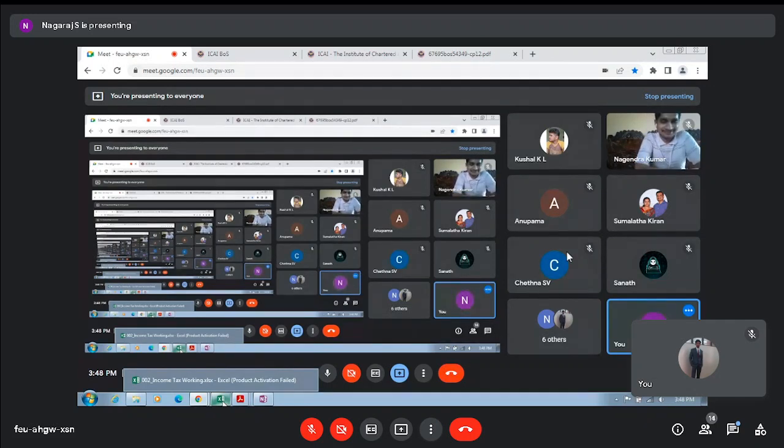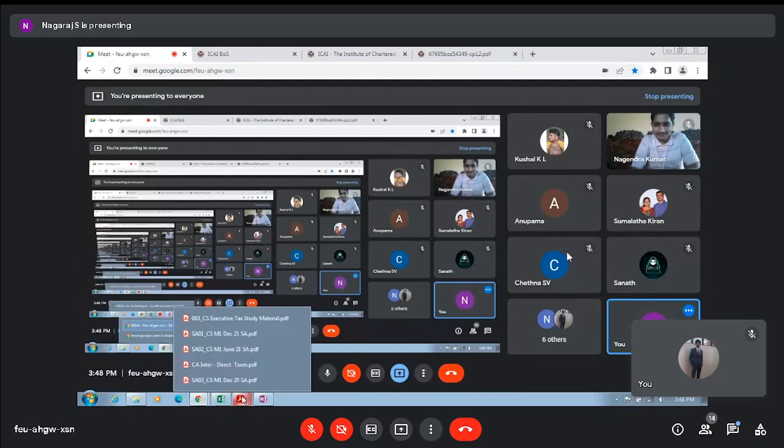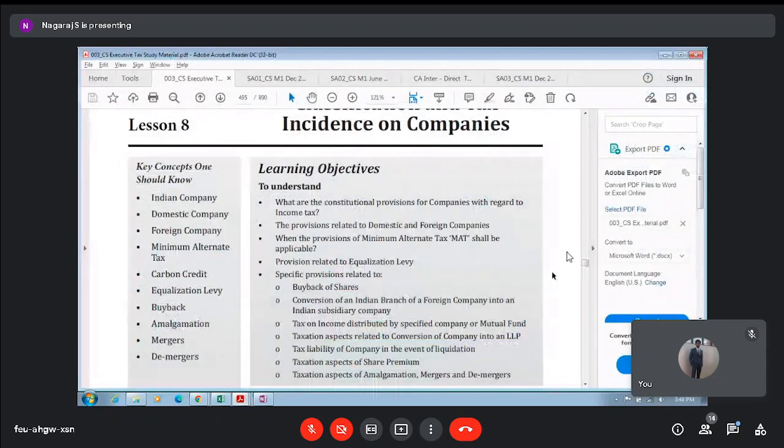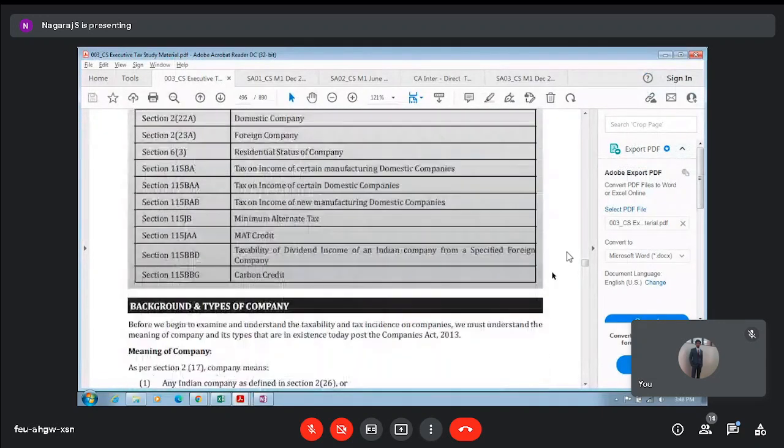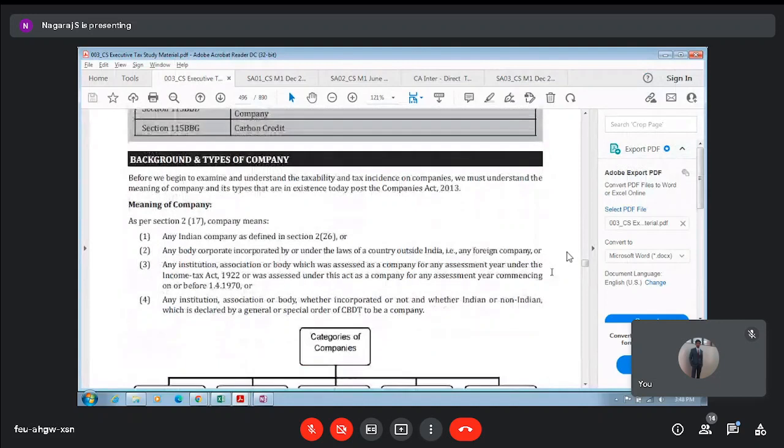Okay. Third thing, the rate of MAT applicable is 15%. What is the rate of MAT? 15%. Okay.